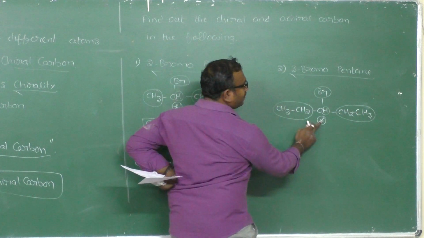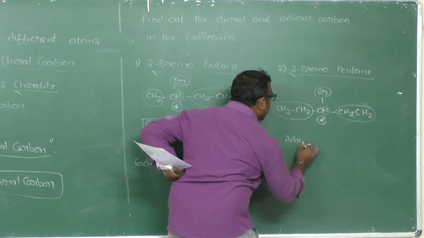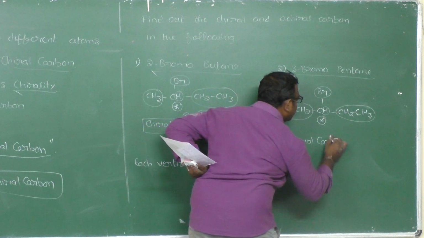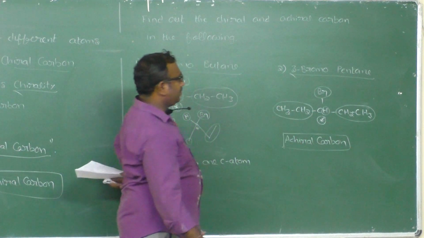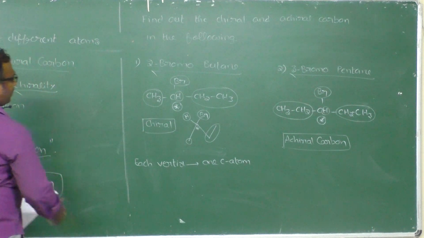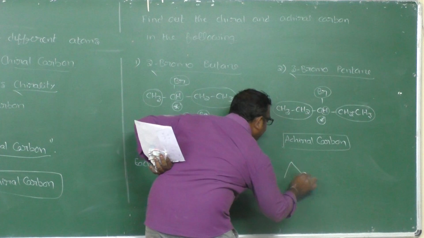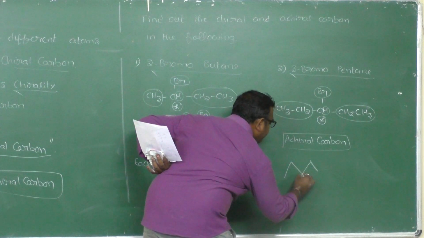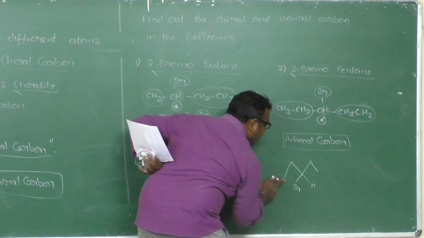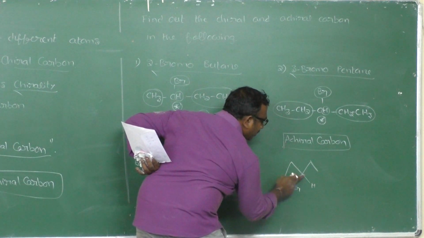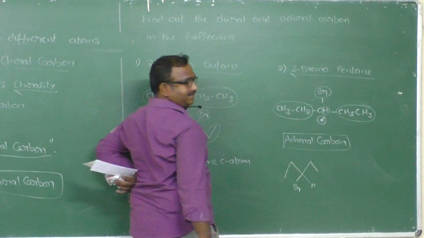Here, this carbon is attached to two ethyl groups, so it is not a chiral carbon. In the zigzag method, it is represented as this is H and this is Br. CH3, CH2, CHBr, CH2, CH3.